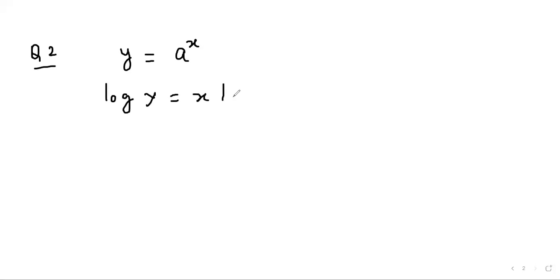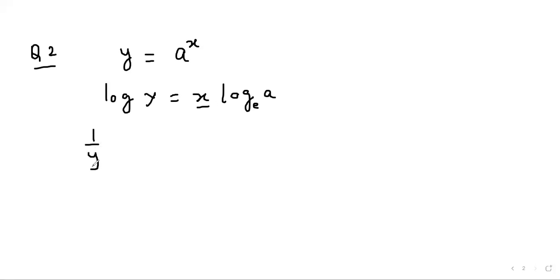Now, let's take the next question, question number 2. Suppose we are given y equal to a power x. So taking log on both sides, it will become log y equal to x log a. Log a is a constant. Here the base is e. Now its differentiation will be 0, so we will not apply the product rule here. We will assume it constant and we will differentiate x only.